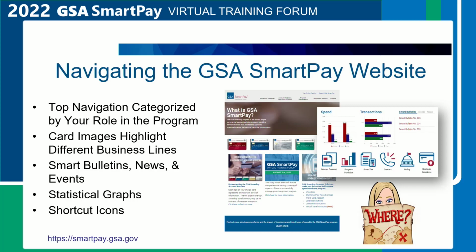Across the center, card images highlight the different options GSA SmartPay offers, including purchase, travel, tax advantage, fleet, and integrated. There are 3 main areas on the homepage where we will post important or new information and program updates. Further down, there are a few statistical graphs for spend and transactions within the program, quick links to smart bulletins, news and events, and shortcut icons to more frequently visited sections.